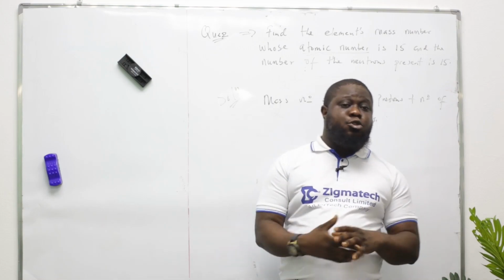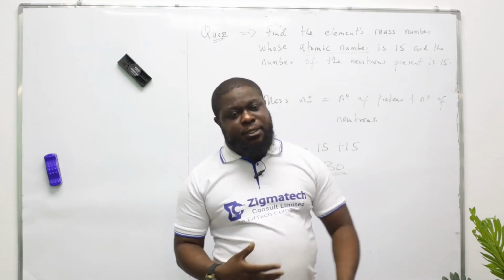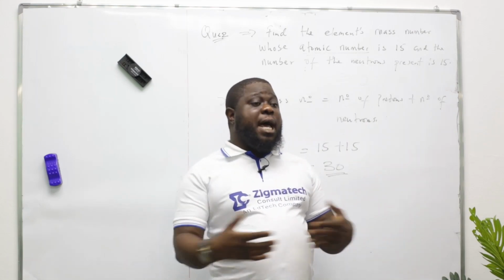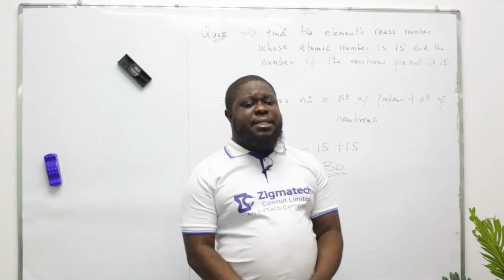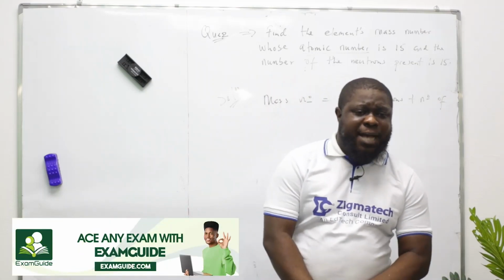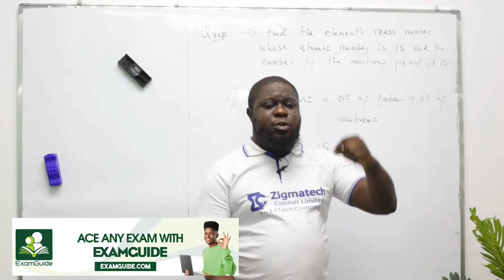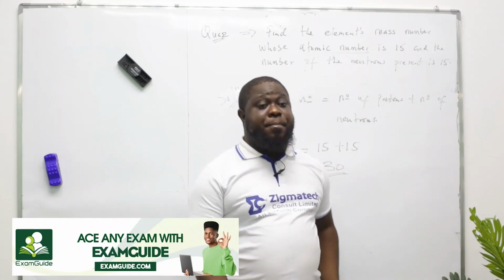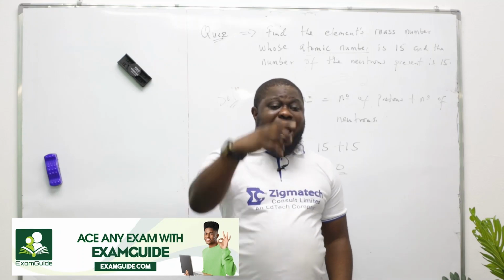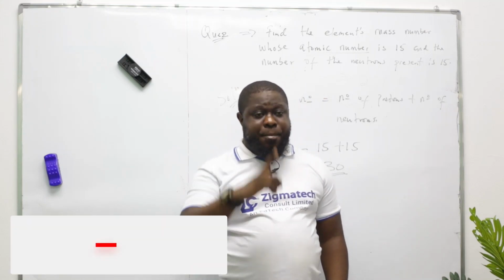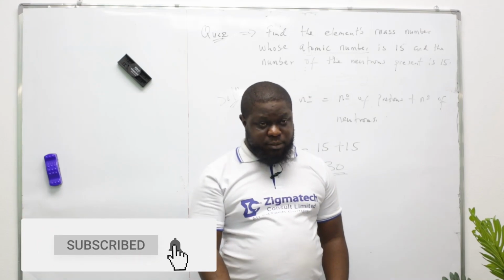Remember, it is groups of atoms that make molecules. Molecules are a neutral group of atoms. So the relative molecular mass is the sum of the relative atomic mass of all the atoms which are present in a given molecule or compound. So the atomic mass of every element in a compound becomes the molecular mass.